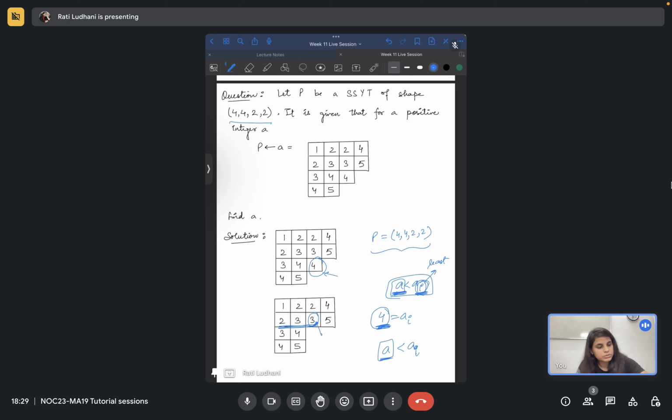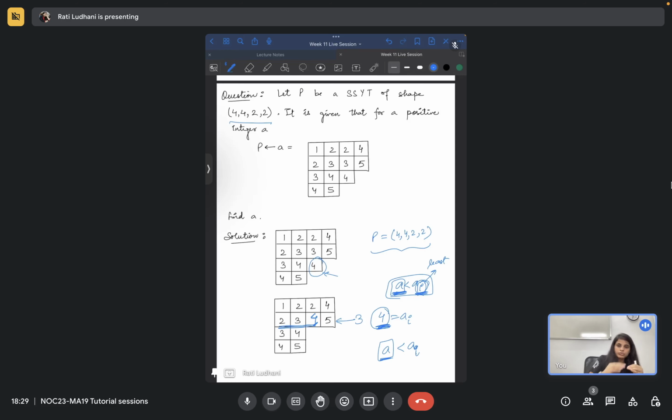So this 3 will be replaced by 4, and 3 will be here. Now let's look at this point. When you inserted 3, 4 would have been removed, right? Now think about 3 as a. When you inserted 3, 4 would have been removed, replaced by 3.